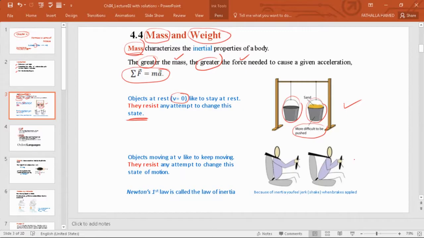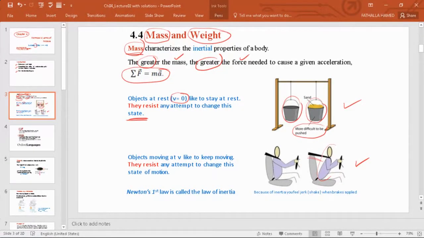And this is where you're going to see the effect of mass. Now, you look at the figure that we have here. Someone is moving in a straight line with uniform motion. That means constant speed. Now, when they apply the brakes, that means they're going to go through a change. But look at the driver. The driver is leaning forward and the seat belt is doing its job now.